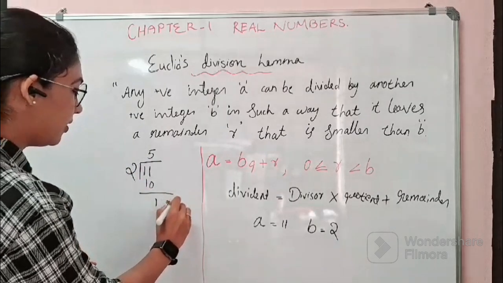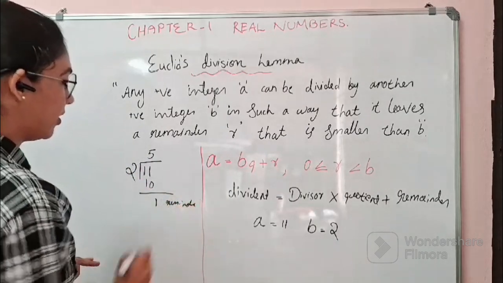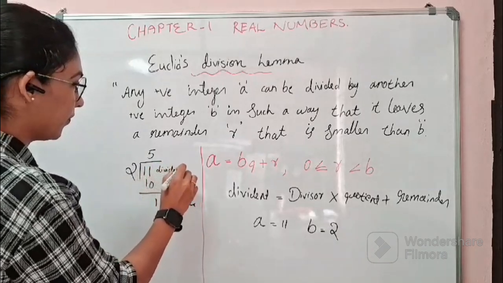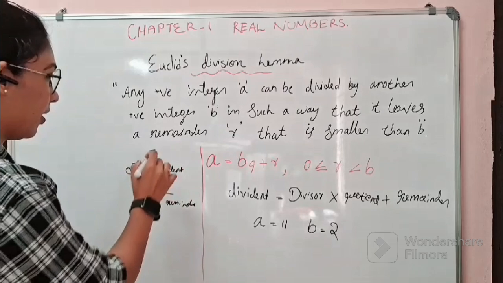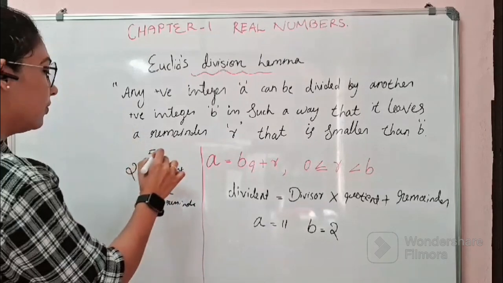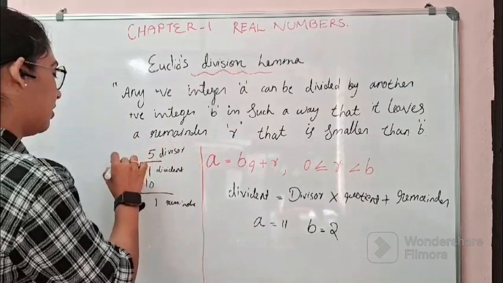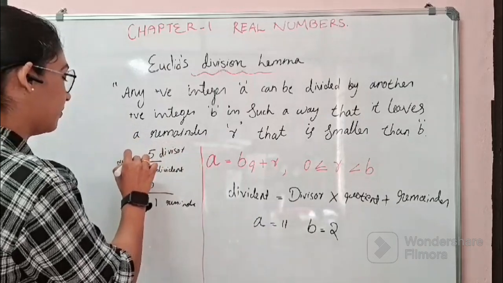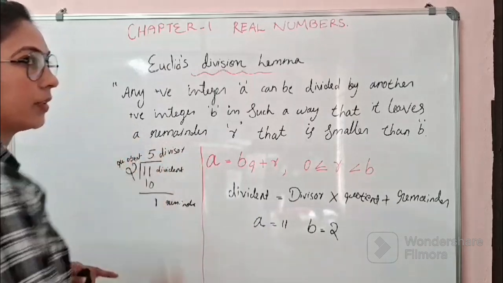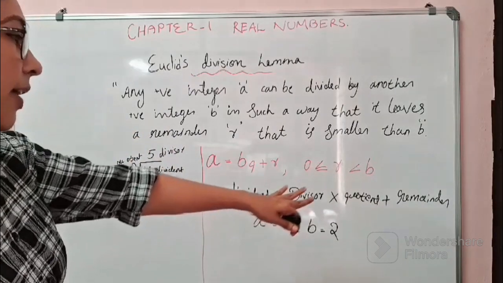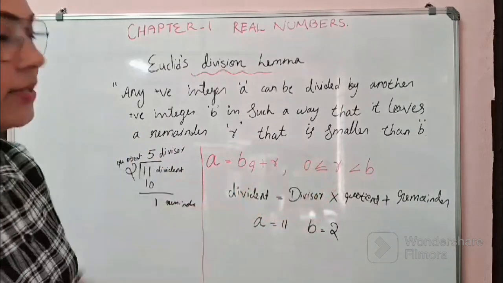So this is the remainder, this is the dividend, this is the divisor, and this is the quotient. Dividend equals divisor into quotient plus remainder.